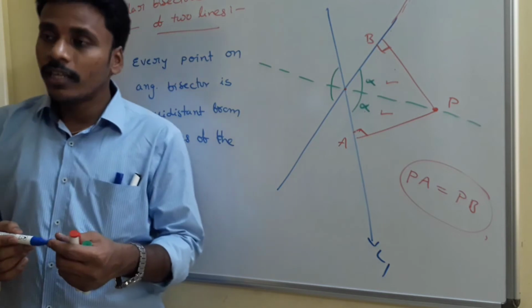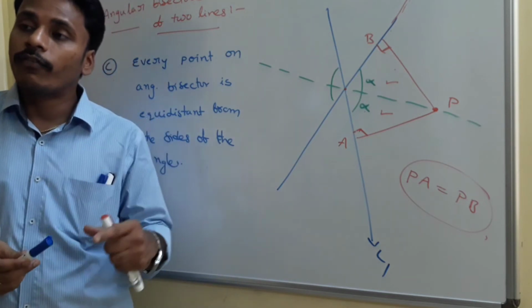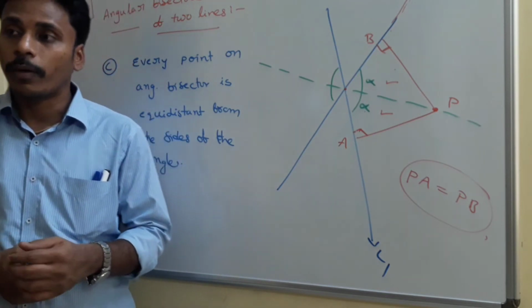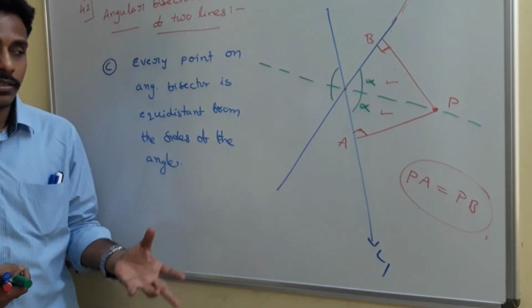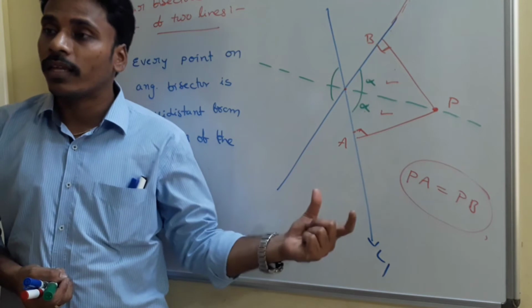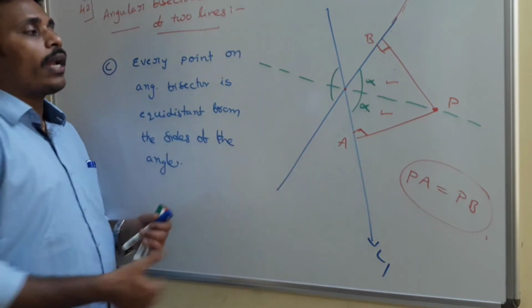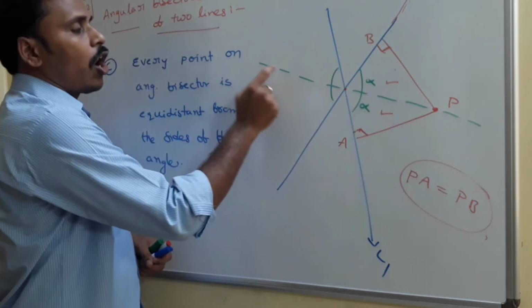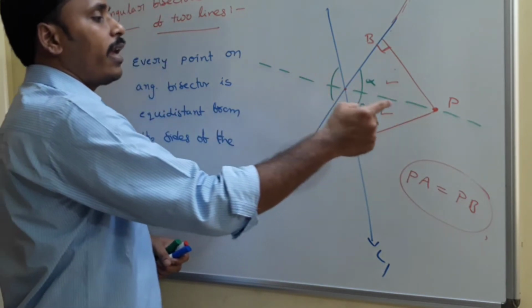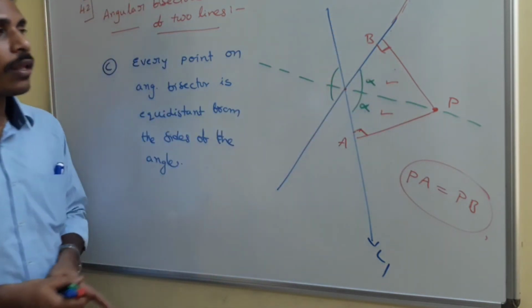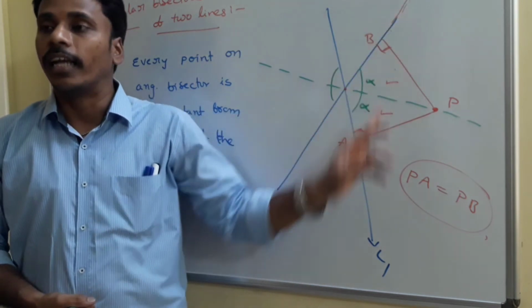So the distances from point P to line 1 and line 2 are the same. Distance is always perpendicular distance, and I indicated it here as perpendicular. Take every point on this line. On this line there exist infinite points. For sure all those points are equidistant from L1 and L2.